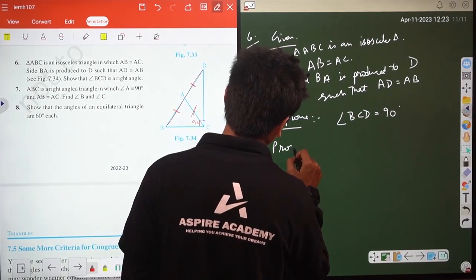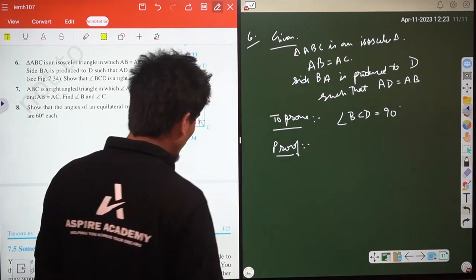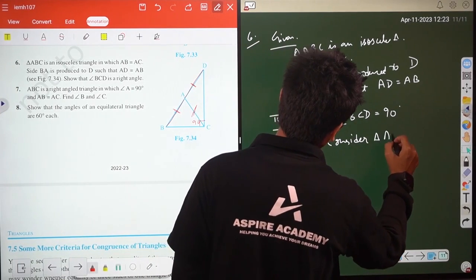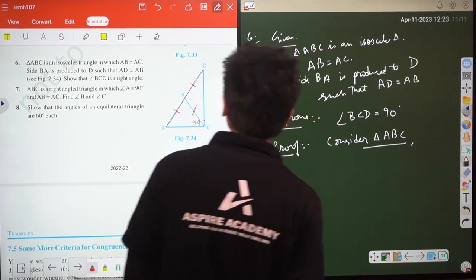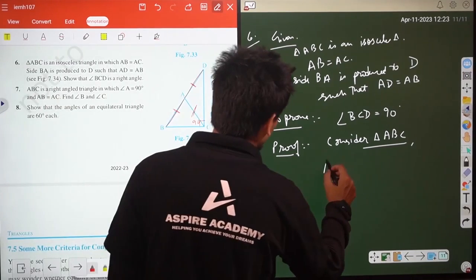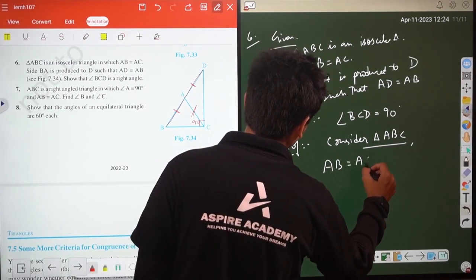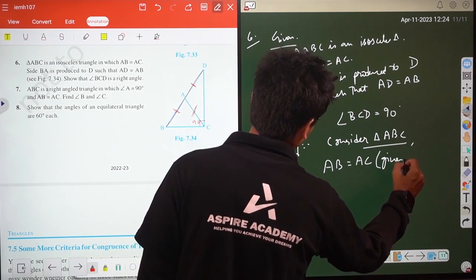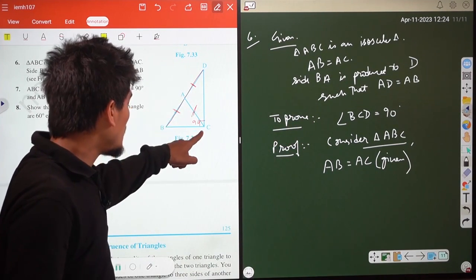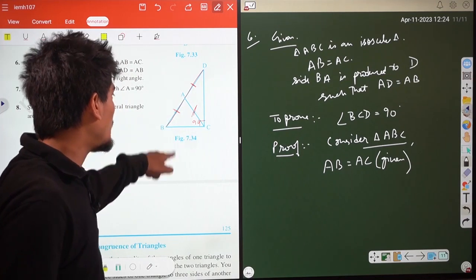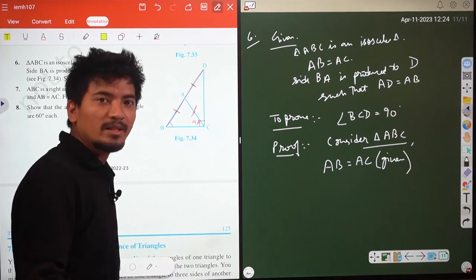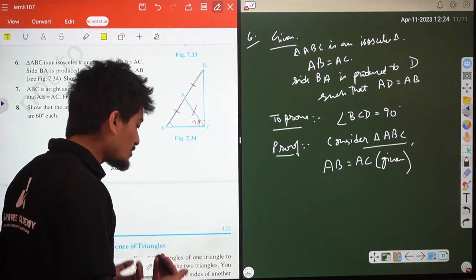So now the proof. First of all, what will we consider? We consider triangle ABC. In this triangle ABC, what is given? AB is equal to AC, it is already given. Next, angle ACB is equal to angle ABC. That means if two sides of a triangle are equal, then their opposite angles are also equal.